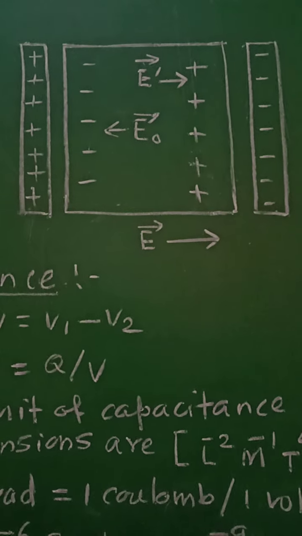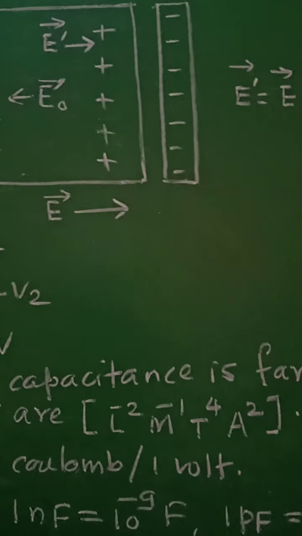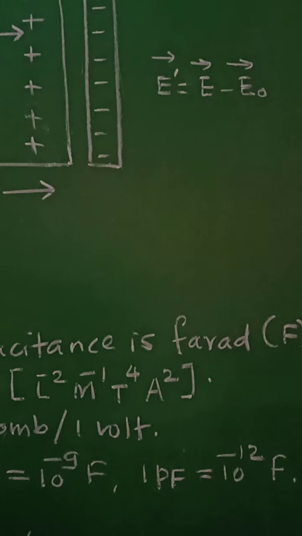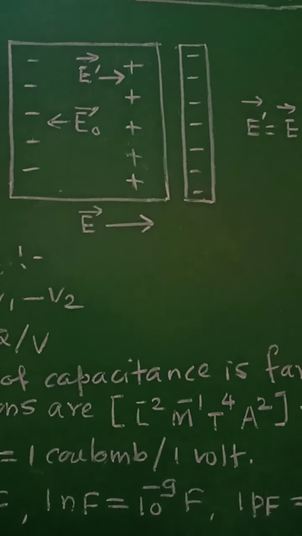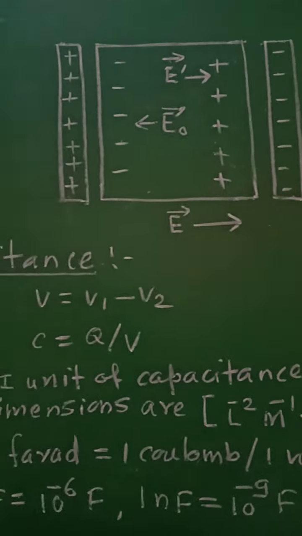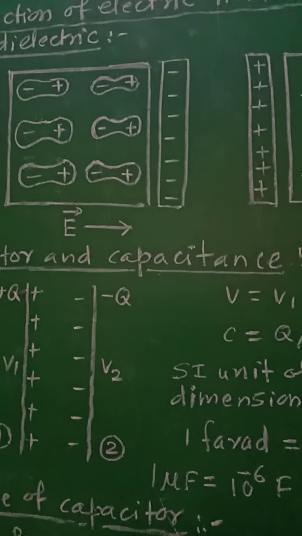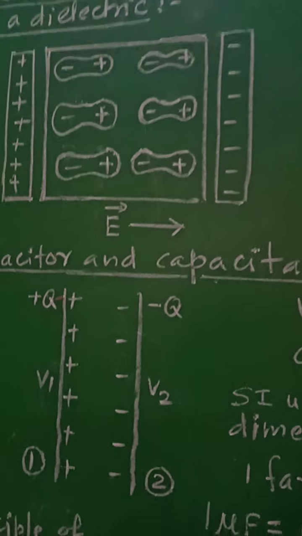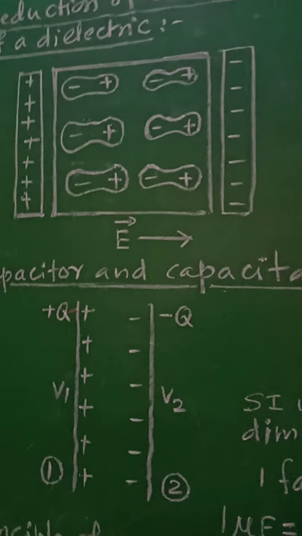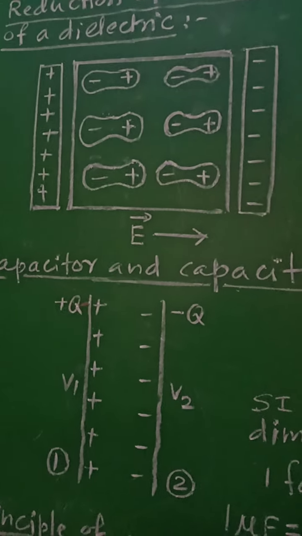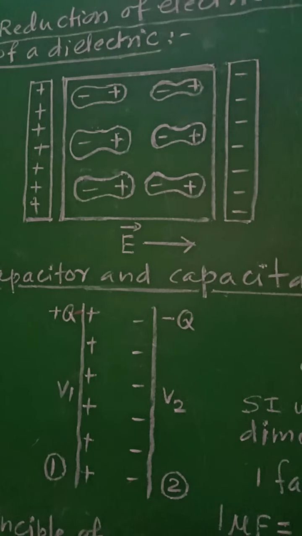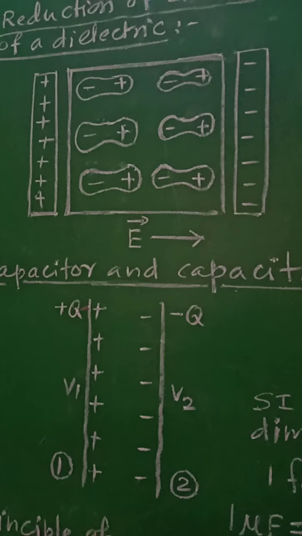As the polarization field is greater, from this relation it is clear that the resultant electric field will get reduced, it will decrease. So this is regarding the reduction of the electric field due to the polarization of the dielectrics.